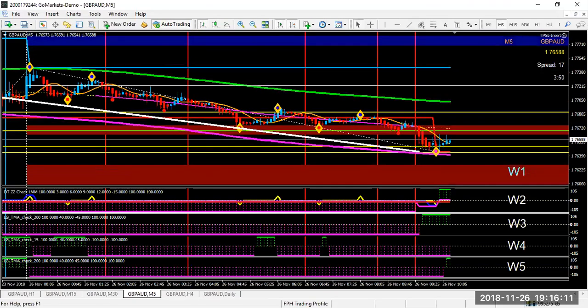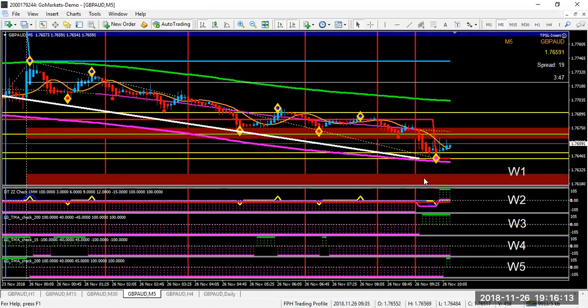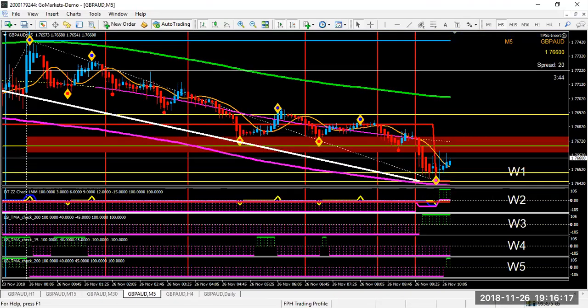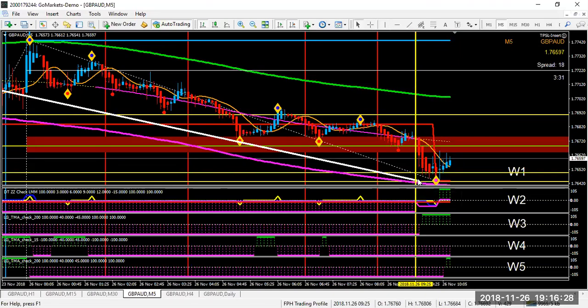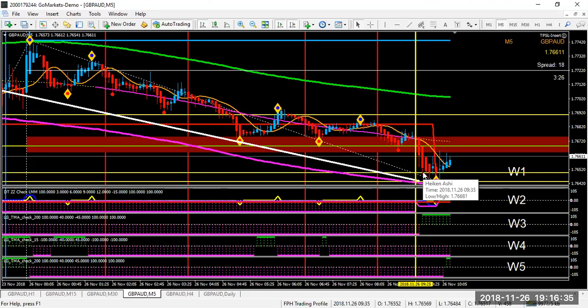And if our channel line was below, we'd put one at the channel line, but the channel line's up here. At that point we'd be expecting price to get to the pink riverbank, which it did, and definitely expect it to get to our default.